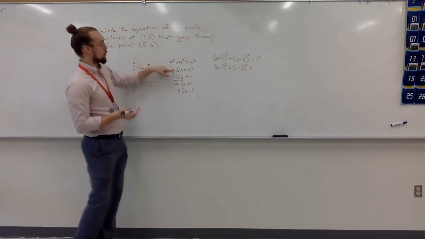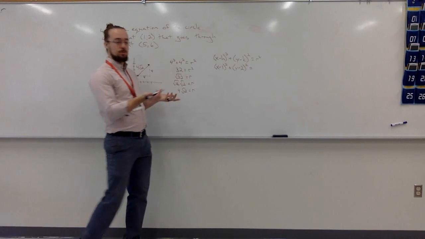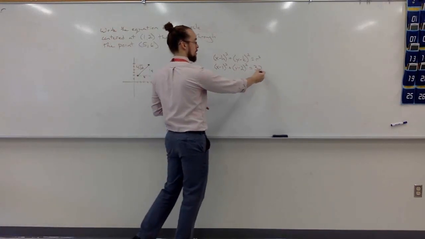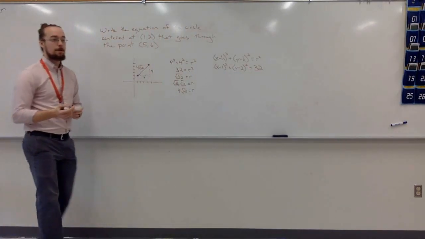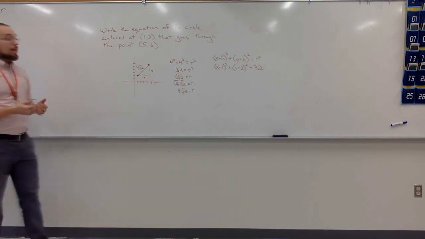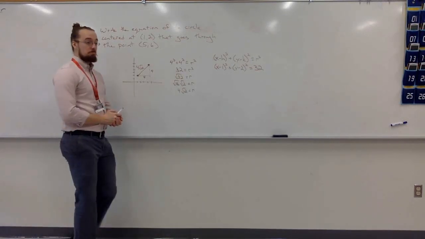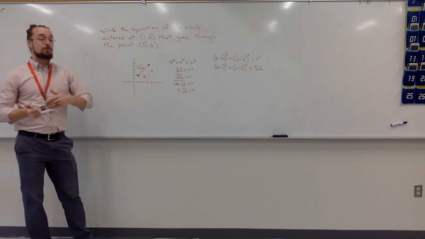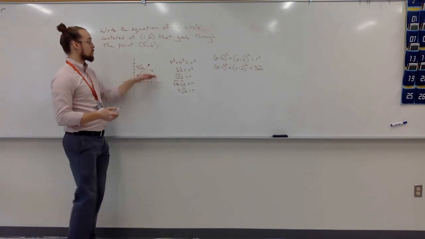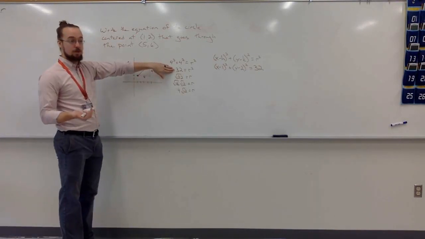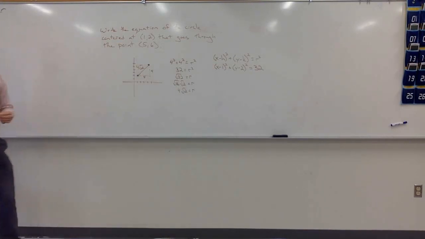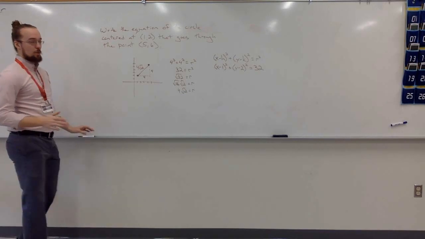We have our r squared up here, which is just 32. If it asks you for the radius, then yes, take the square root. But if it just wants the equation, all you need is r squared. Okay, questions?